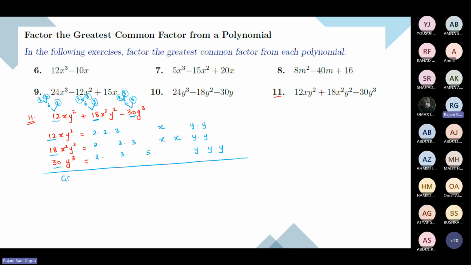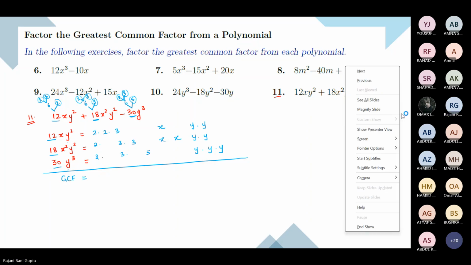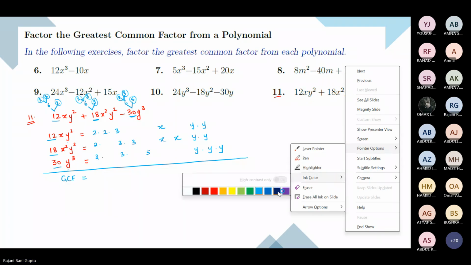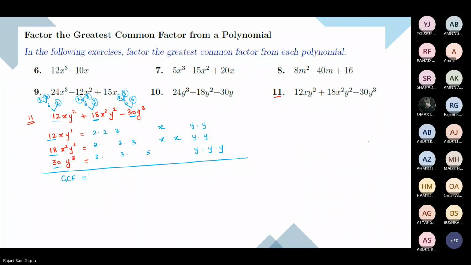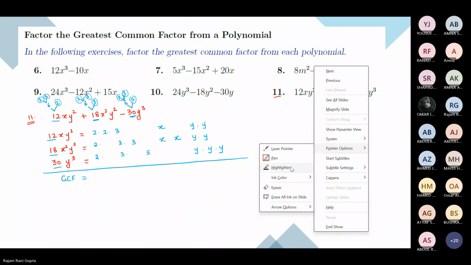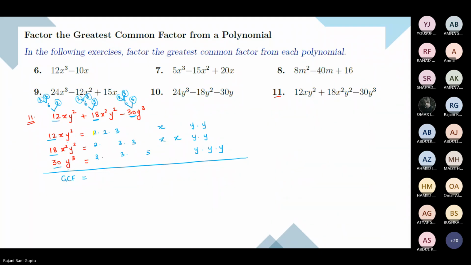Now you will find the greatest common factor. Look at it and tell me what you think you should get. I can see this 2 common. 3, y.